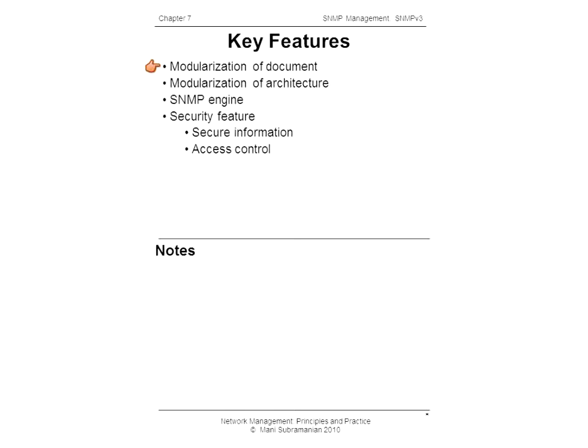An SNMP engine is defined with explicit subsystems that include dispatch and message processing functions. It allows all 3 versions of SNMP to coexist in our management entity.